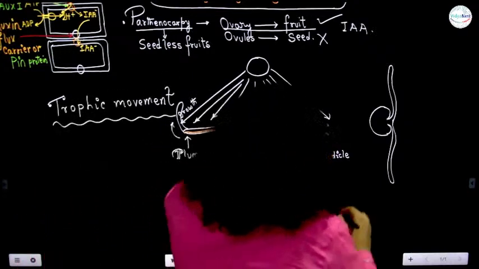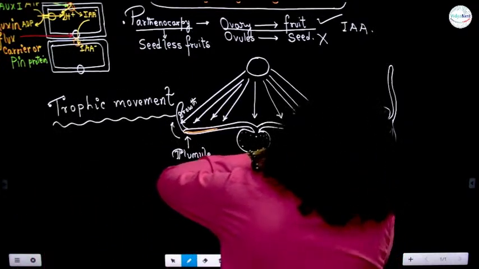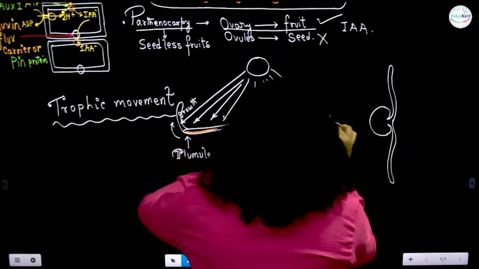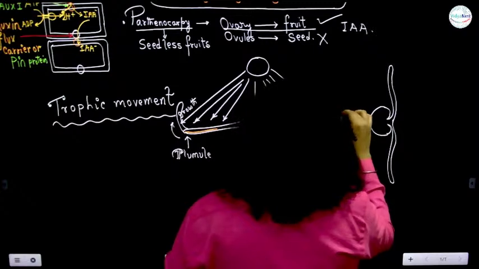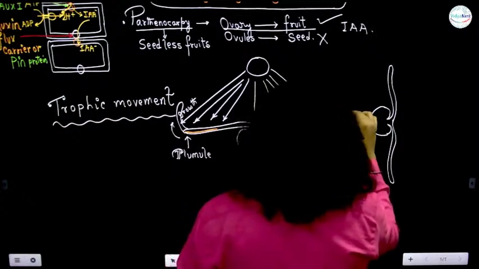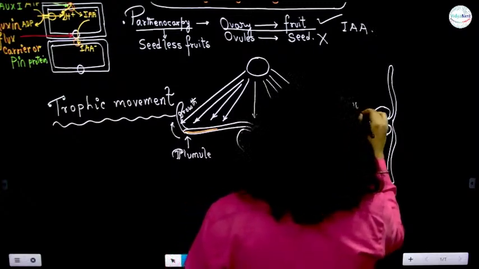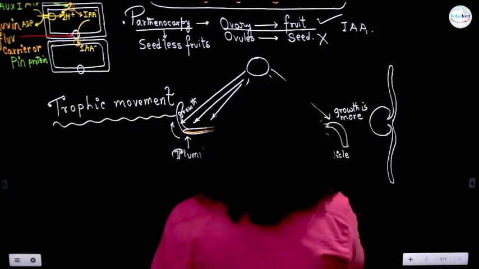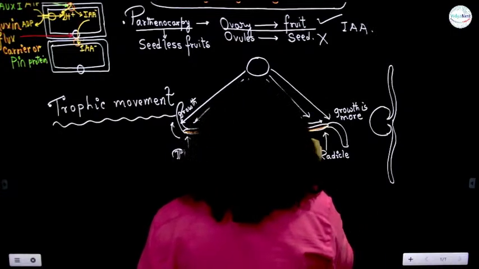And this is a region where the growth is occurring in this manner, because you know that in this region the growth is more, and in this region the growth is less.